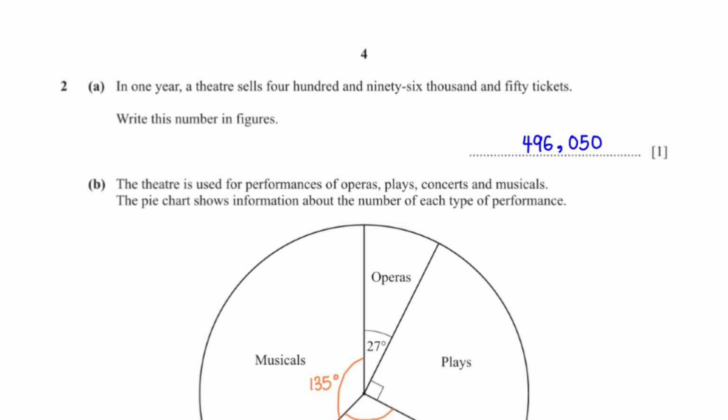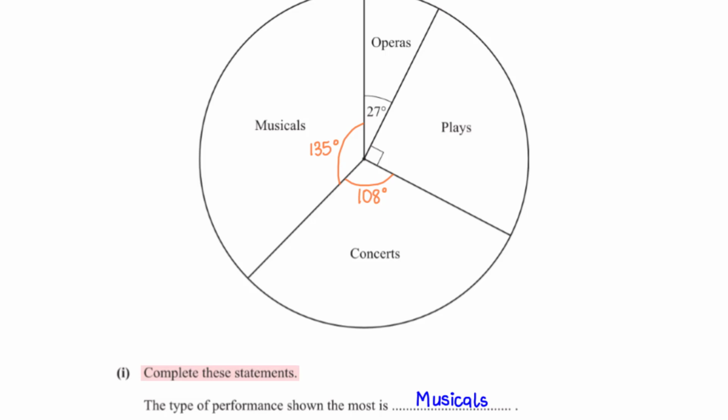The pie chart shows information about the number of each type of performance. Complete these statements. The type of performance shown the most is blank. Using a protractor, when we measure the sector angle for musicals, we get 135 degrees.